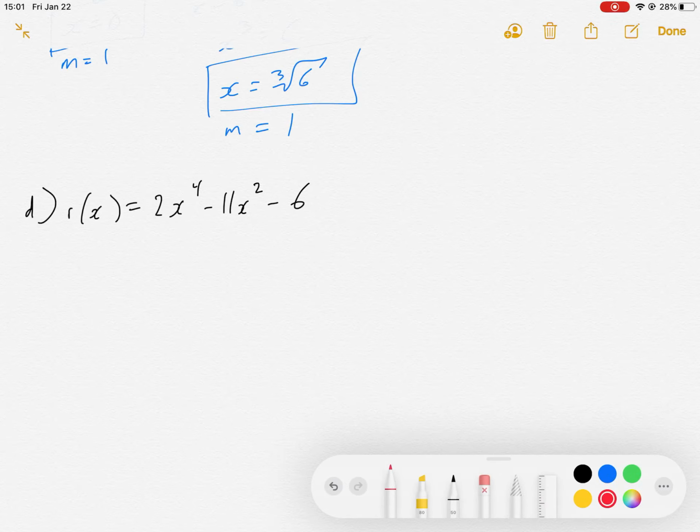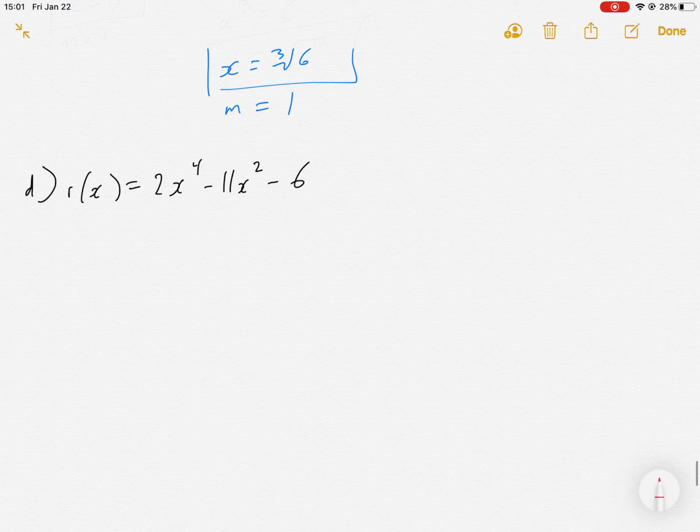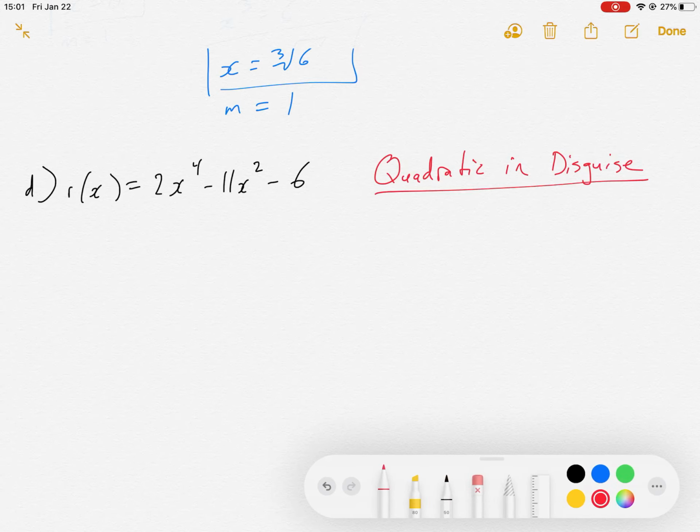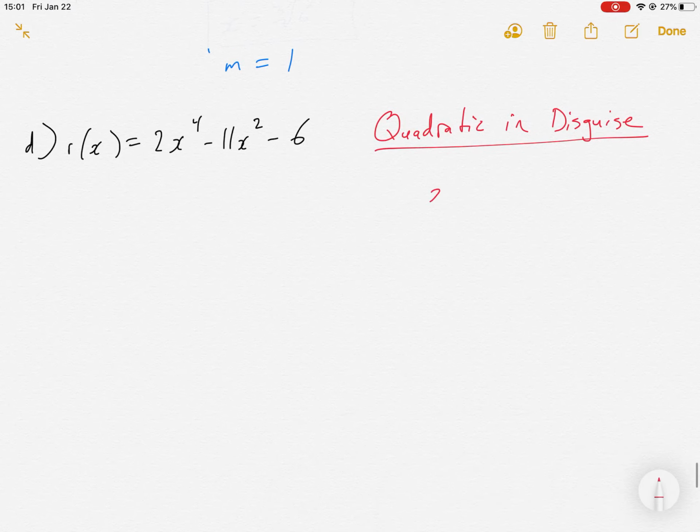Now, what I want to point out is this is what I actually call a quadratic in disguise. And the reason for that is I'm actually going to use a fact here that says x squared is x to the power of 2 times 2.